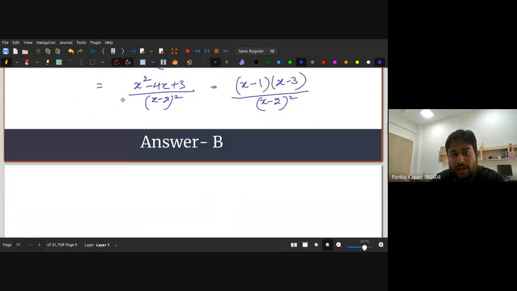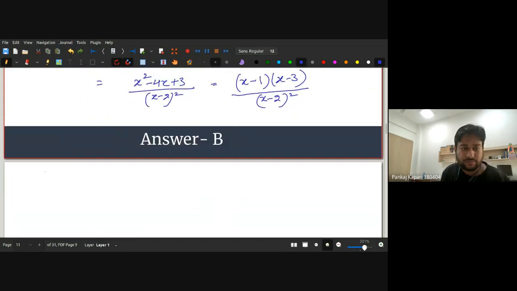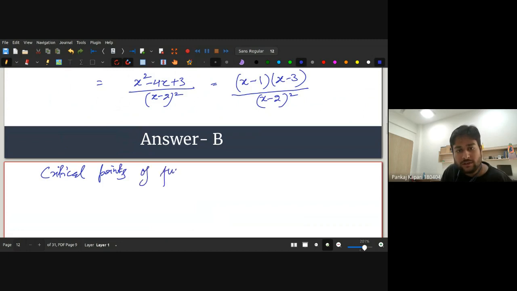So what are critical points? The critical points of our function g are the points at which the derivative vanishes. You can see that the derivative becomes 0 if x equal to 1.